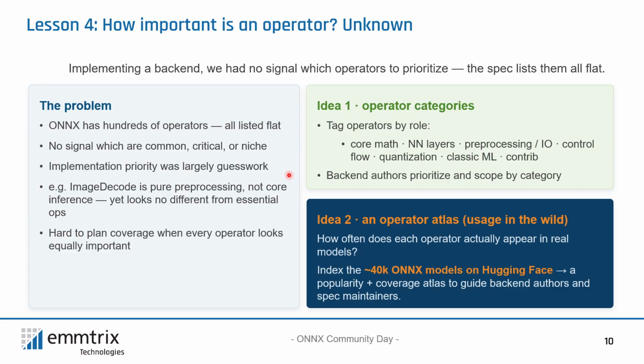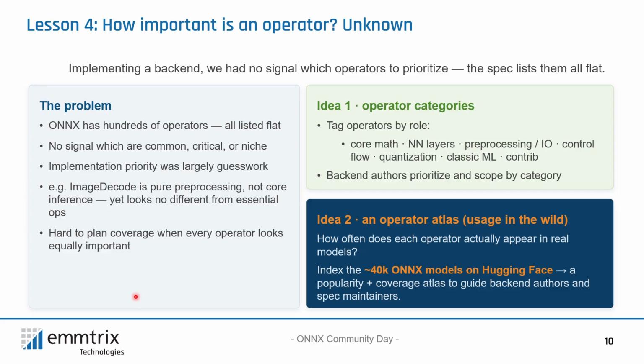So the priority of supporting operators was more guesswork for us. For instance, there's this image decode, which is pure pre-processing. If you want to support pre-processing, that's fine. If not, you don't need to implement that. And that was also hard to plan, what operator to implement next.